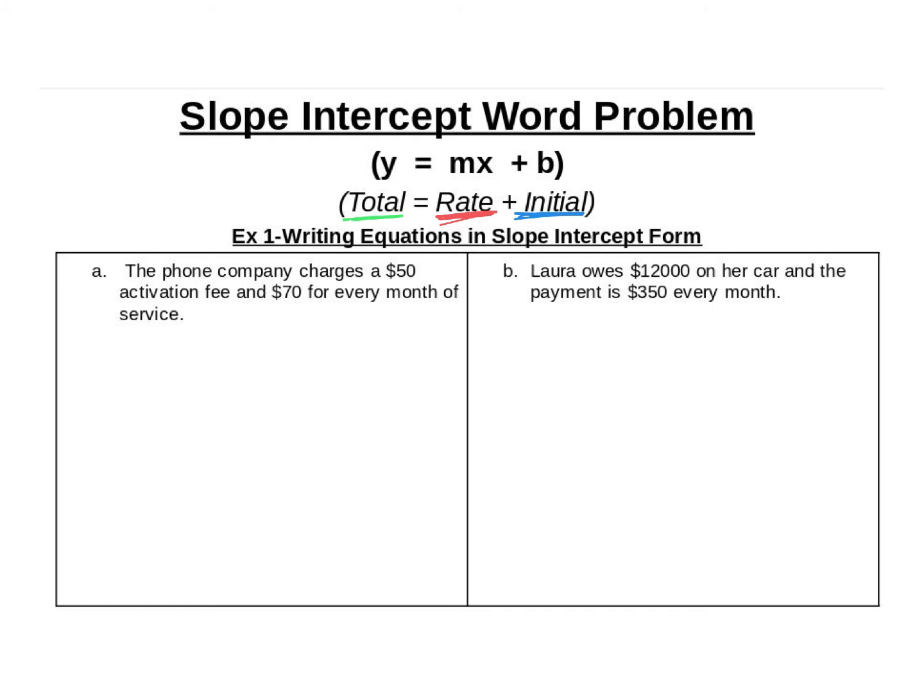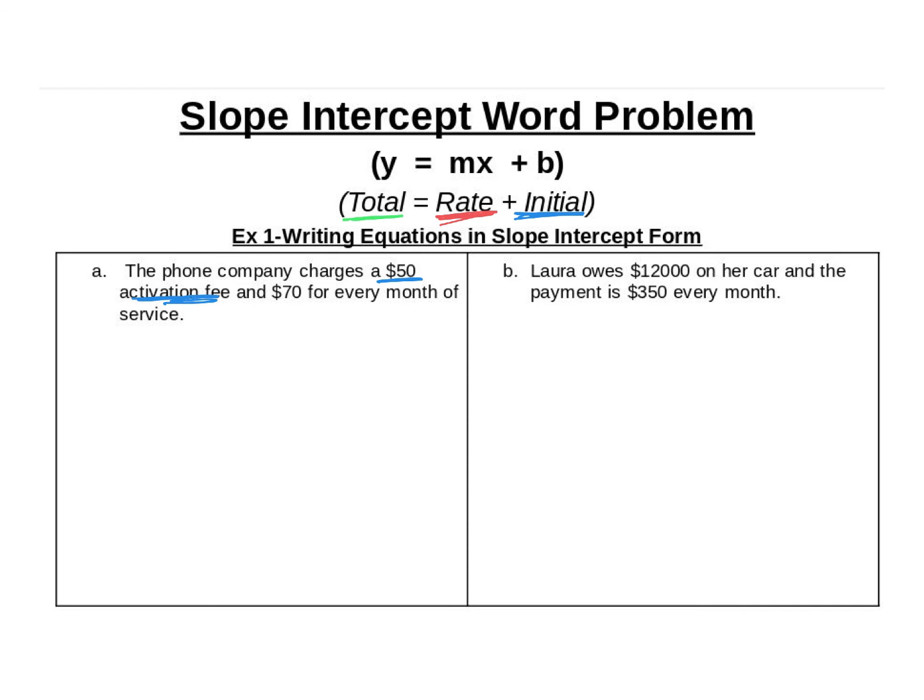So the first example, when we look at this, the company charges a $50 activation fee and $70 for every month of service. All right, so if we look through here, the $50 activation fee is going to be some initial fee.